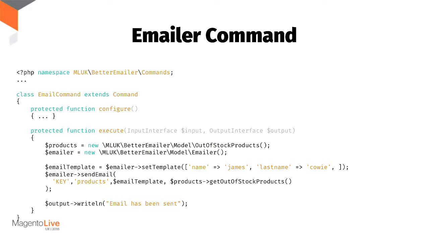So inside of our execute command, we're still going to create a new instance of the emailer out of stock, and we're going to still create a new instance of the emailer, but instead of it being a ginormous, horrible mess of about 80 lines of code, we've now got 2 classes, and we're down to 5 lines of code that just set up the bare minimum to actually send an email in the command.